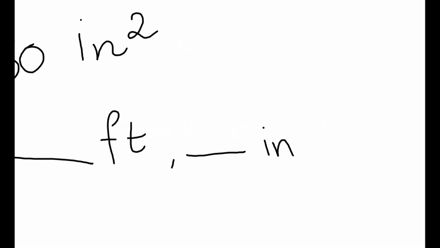We just multiply 13 by 12, then plus 4. And the second one, you multiply 12 by 12 plus 2, which is 146. Because if I want to convert from feet to inches, from big to small, you have to multiply.